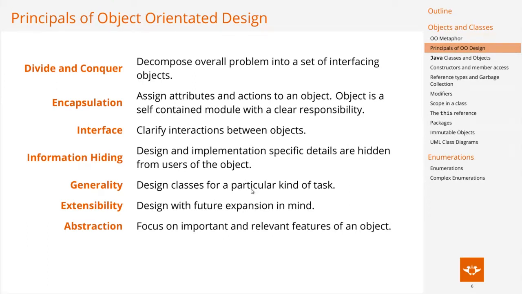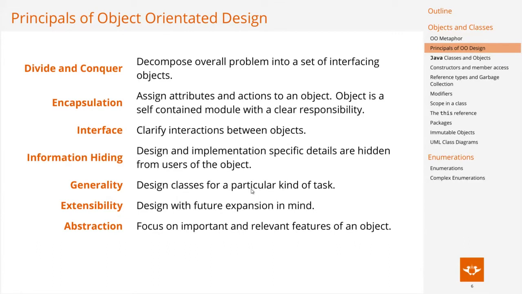So divide and conquer, that's where we have a big thing and we break it up into smaller pieces that we can work on individually. We take a big problem and we decompose it into sets of interacting objects. In order to make these objects, we obviously need classes. So by that definition, we have classes that we need to create as well.